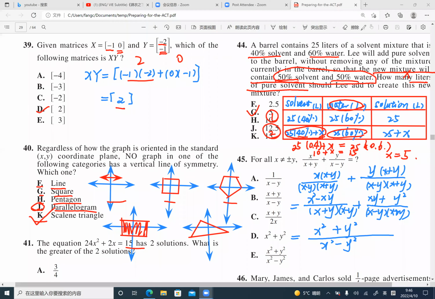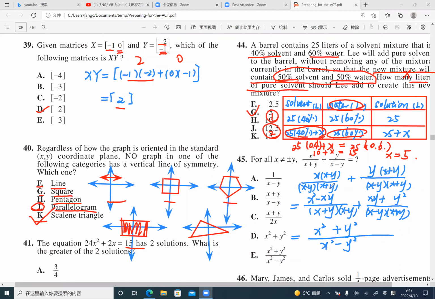Question 45. For all x not equal to plus or minus y, x over x plus y, plus y over x minus y equals what? The common denominator is x minus y times x plus y.